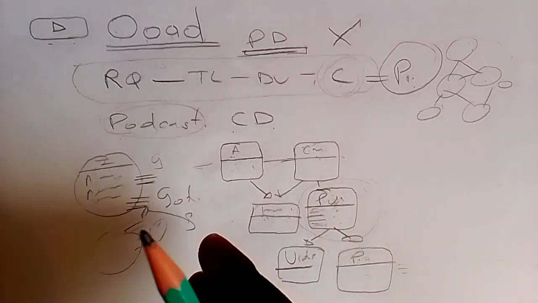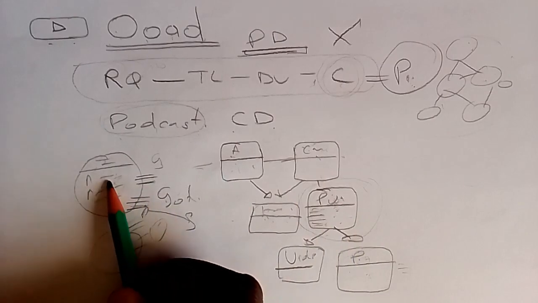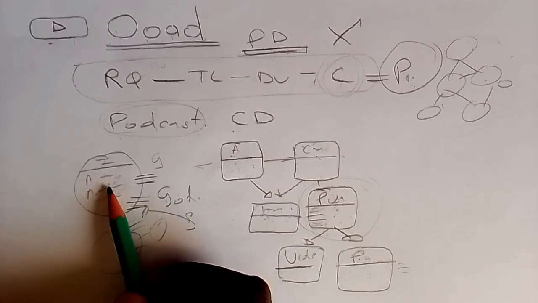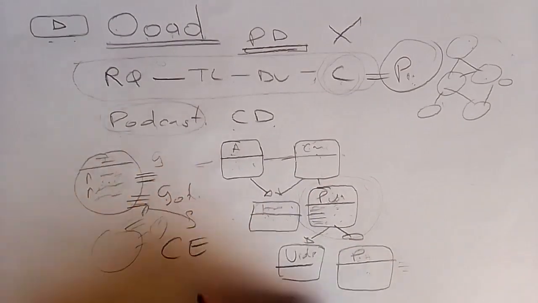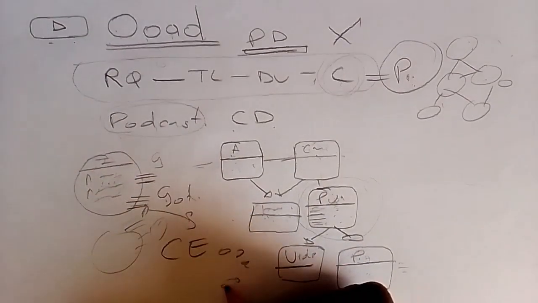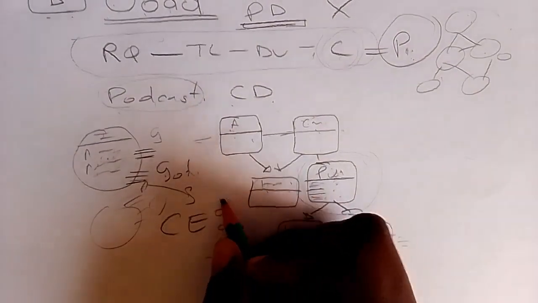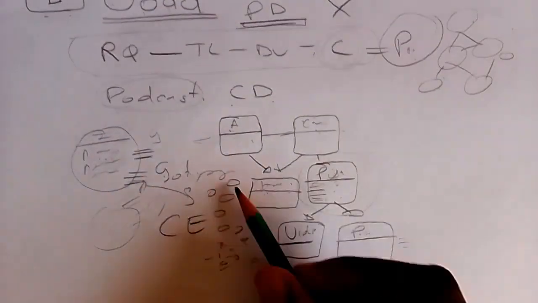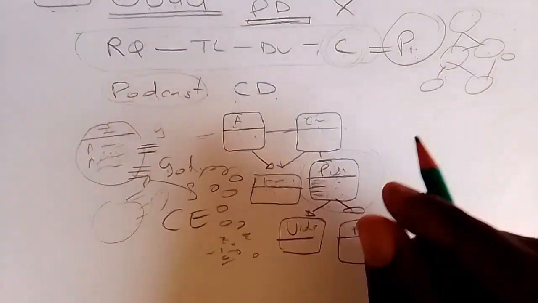The problem you might get into, when it does too much, is that it becomes a God class. It's tightly coupled. But if it does too little, then you end up with class explosion, meaning you've got too many classes that are difficult to understand, because these classes just do little things.